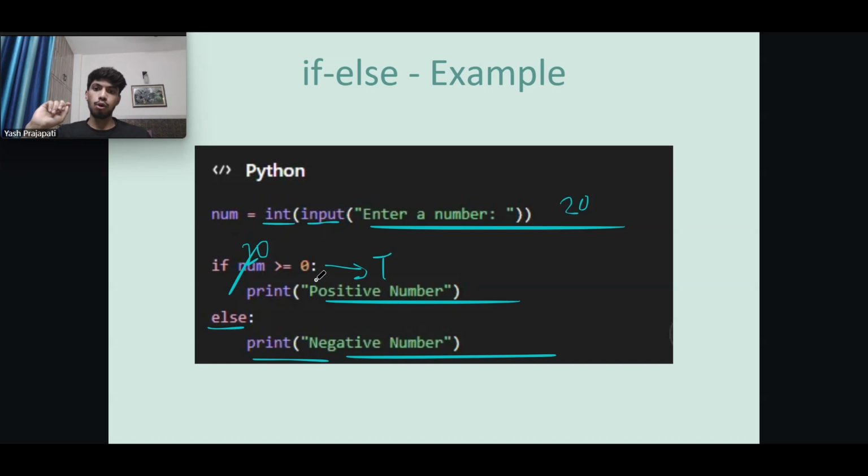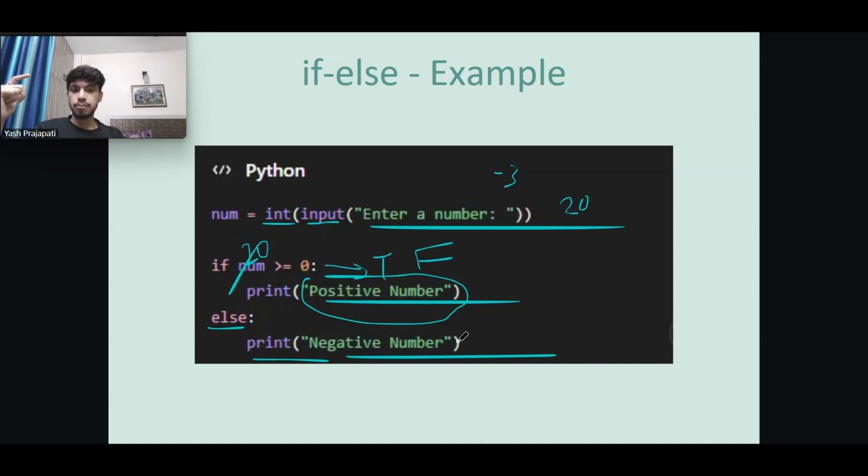The output will be positive number. If we had taken -3 for example, it will check, it is not greater than or equal to 0, so the condition is false, then else will be executed, and it will print negative number, so negative number will be printed.